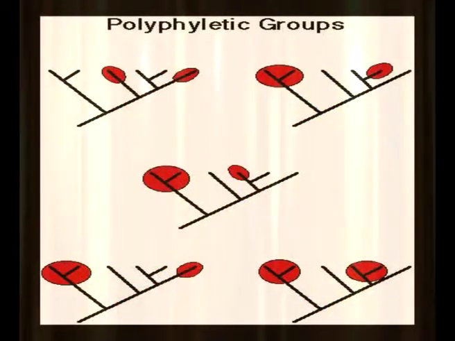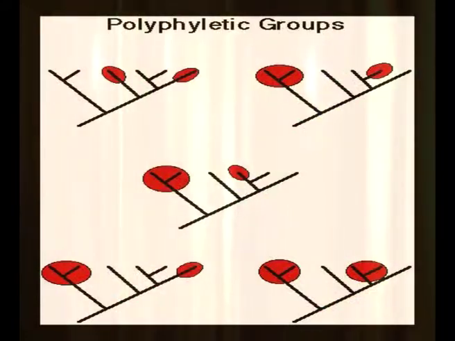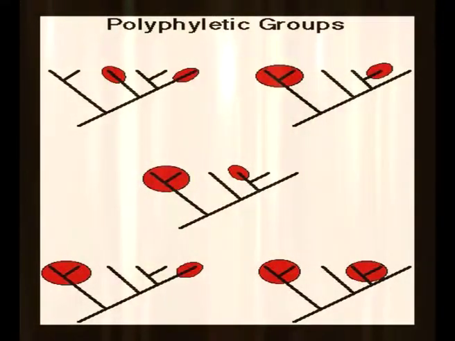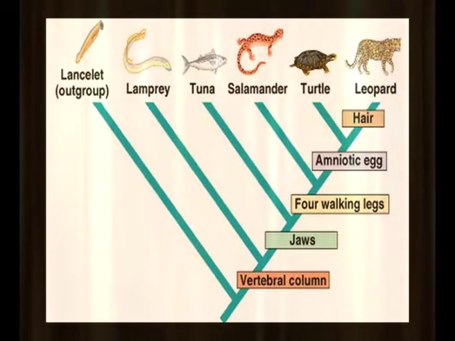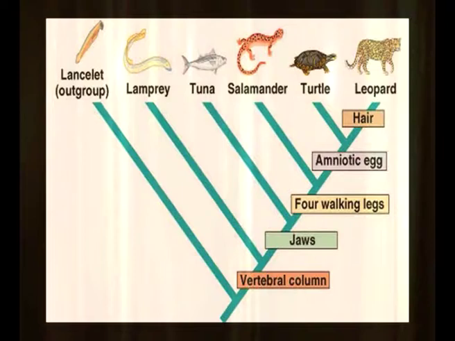Polyphyletic groups, on the other hand, are the result of convergent evolution. The representatives are descended from different ancestors, and hence, although these may look superficially similar, any polyphyletic group comprising them is artificial. A cladogram is not an evolutionary tree, it is an analysis of the relationships.